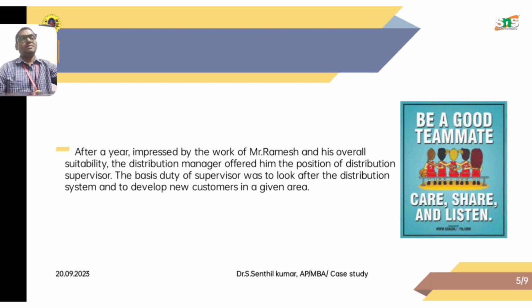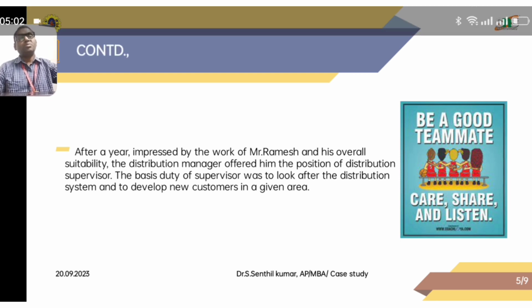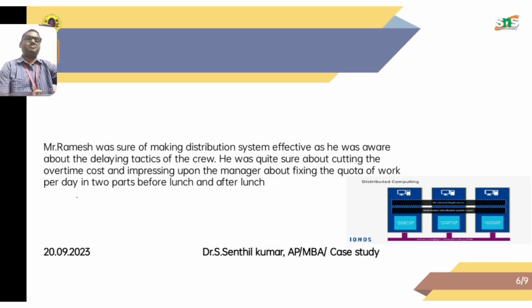So you see, he has brought the system in a different way. He has sustained well, and with the help of his support, he has been designated higher. The basic role of the supervisor was to look after the distribution system and to develop new customers in a given area. So what Ramesh approached in the other supervisors' areas, he has brought a good teammate culture.